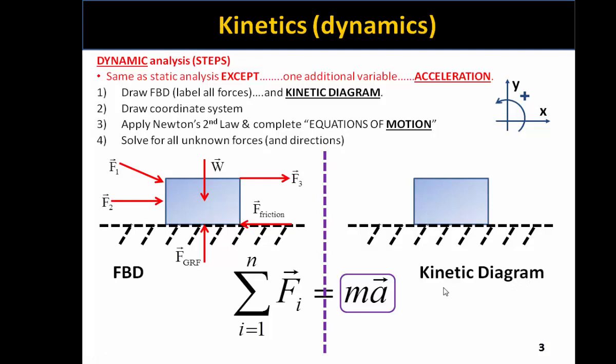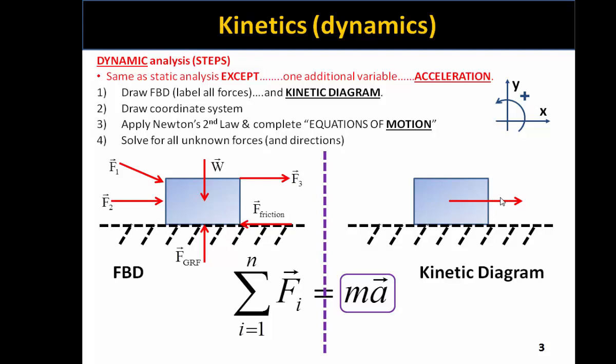When these equations and this approach were established many years ago, it was thought that, well, let's draw a diagram that reflects the motion of the object, to which the term kinetic refers. But the kinetic diagram is actually depicting a kinematic variable. In this case, we would draw a vector centered at the center of mass, as we see with the weight vector and the ground reaction forces going through the center of mass, except that this vector is not a force vector.